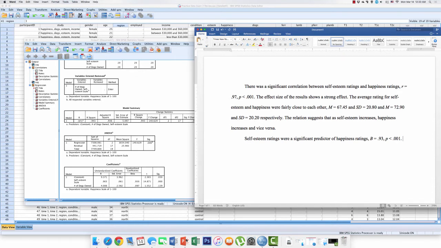We have that information. We also want to put the beta for the number of dogs owned. So we're going to write the number of dogs owned was not a significant predictor of happiness ratings, B equals 0.10, p equals 0.14.